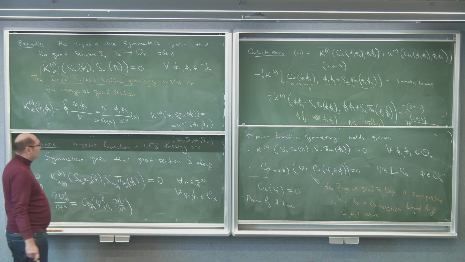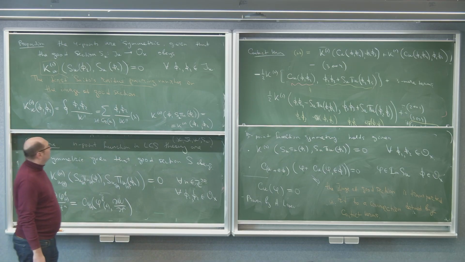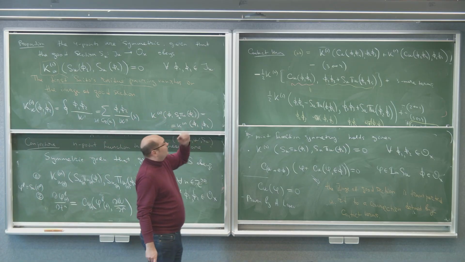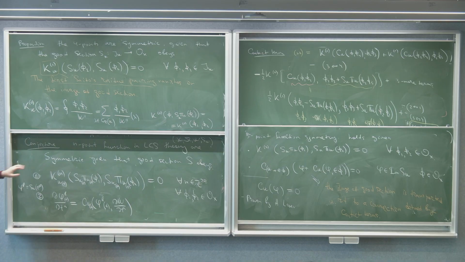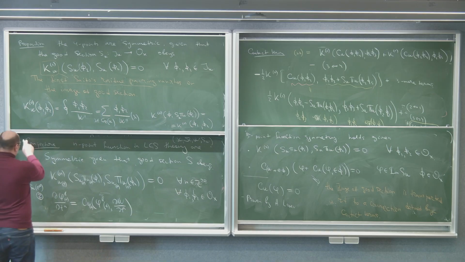So given that conditions 1 and 2 give us what we need for symmetry of 4 and 5 point functions, we naturally conjectured that these two conditions, generalized to an honest good section in the sense of Saito, are just enough to make n-point functions symmetric. But that is still a conjecture.